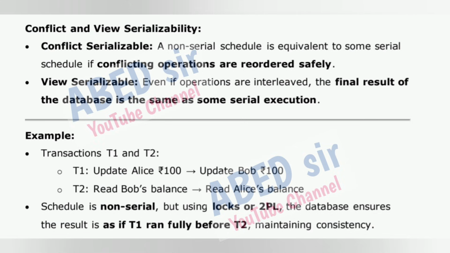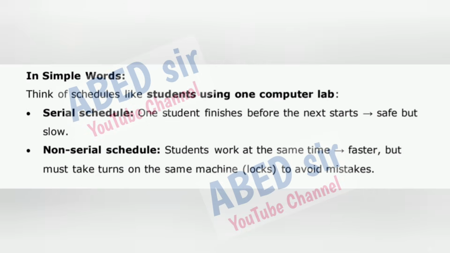T1, update Alice 100 rupees, update Bob 100 rupees. T2, read Bob's balance, read Alice's balance. The schedule is non-serial, but using locks or 2PL, the database ensures the result is as if T1 ran fully before T2, maintaining consistency.